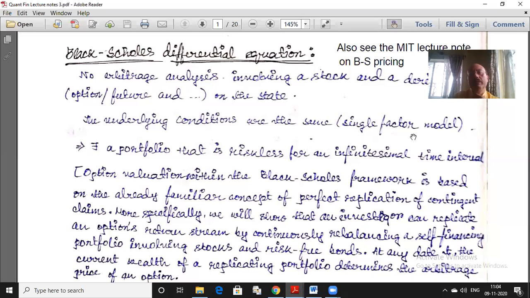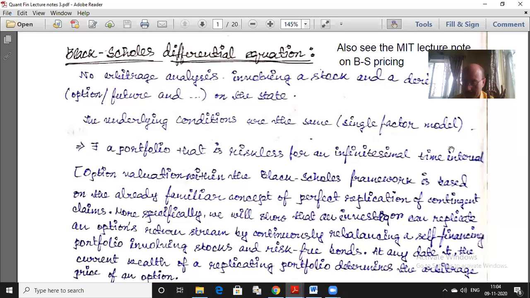And we are still going to assume that single factor model, that there is a single source of uncertainty. So again, recall that we defined the stochastic integrals for multi-dimension, because I said that there are some applications where we have multiple sources of uncertainty.